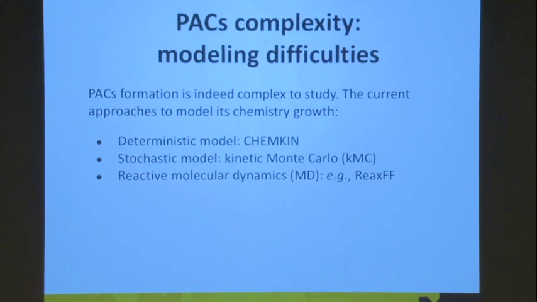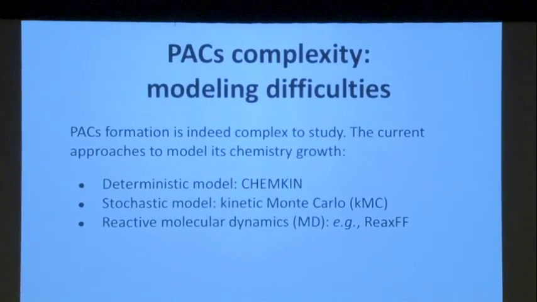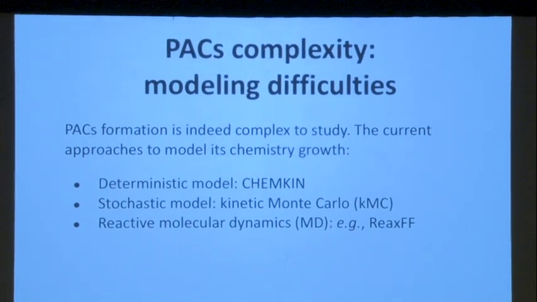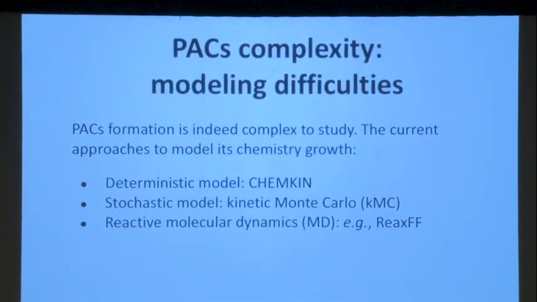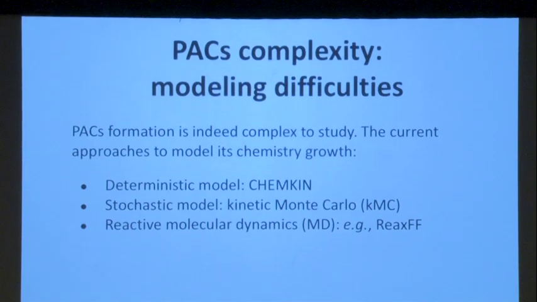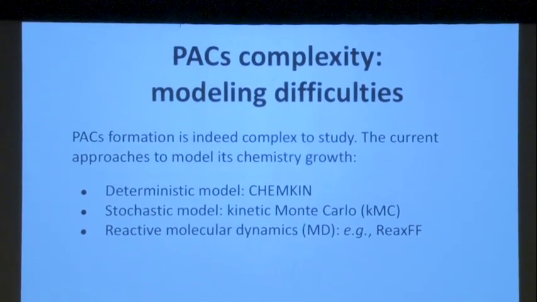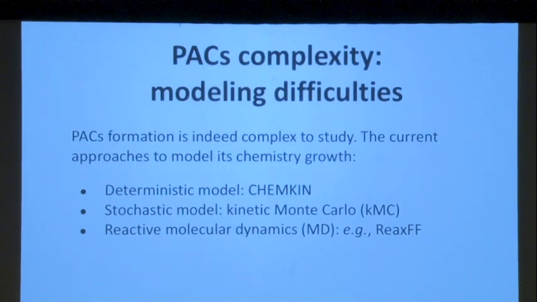So here I kind of build my story for tomorrow. There is complexity, there are modeling approaches that are difficult. PAH formation is complex to study, and current approaches are either Chemkin type, in which you have a deterministic model, which means that you need to know what's happening for some specific rules, and then stochastic and molecular dynamics.